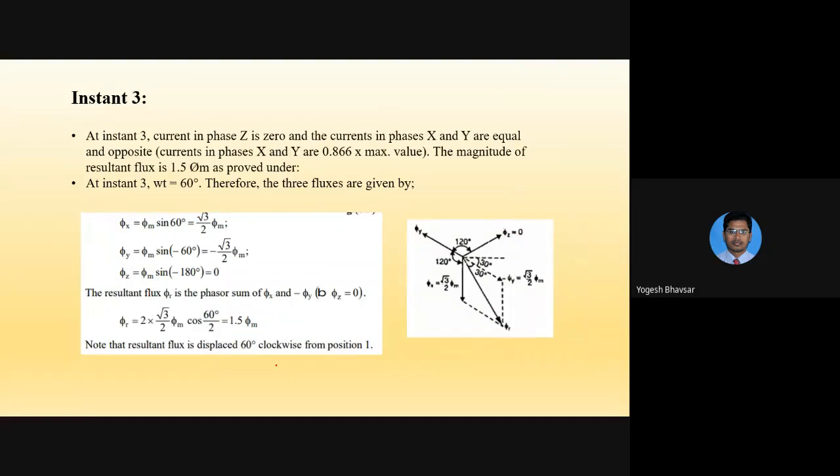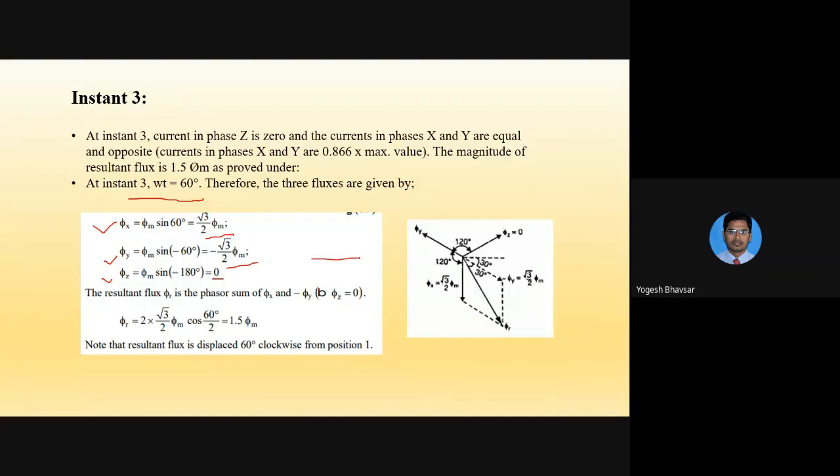Now look at the third instant. Now put omega t is equal to 60 degree. So therefore the resultant that phi x will be root 3 by 2 phi m, phi y is minus root 3 by 2 phi m, and phi z is sine minus 180 degree will be 0. Sine 60, sine minus 60 a calculate kere later.